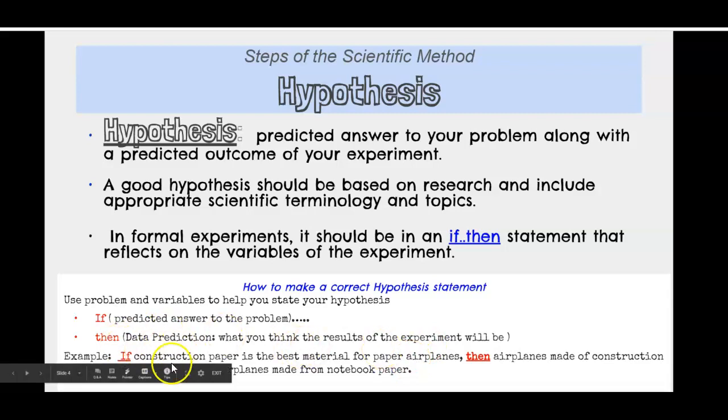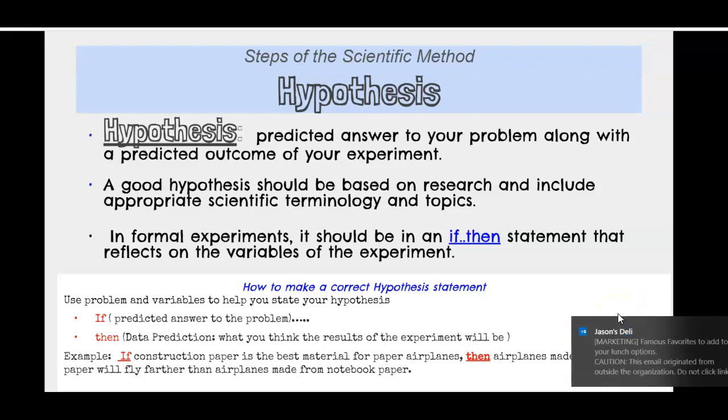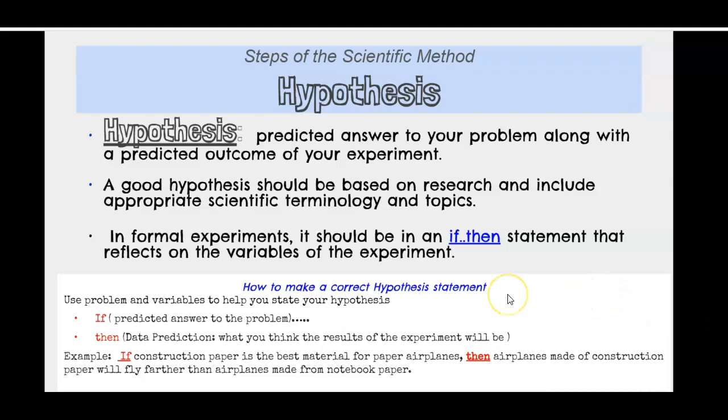So that's what the experiment says here. If construction paper is the best material for paper airplanes, then paper airplanes made of construction paper will fly farther than airplanes made from notebook paper. So it's just what your prediction is, as well as what you think your data is going to show.